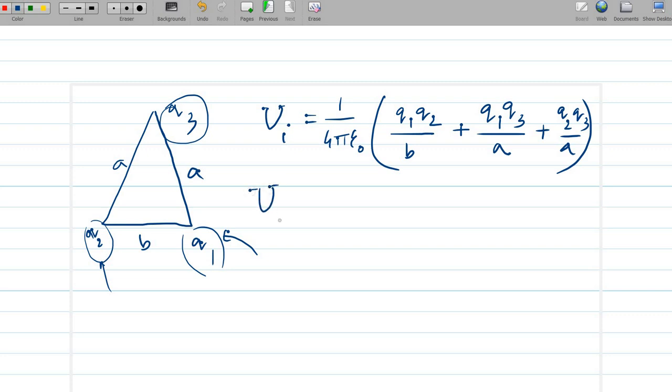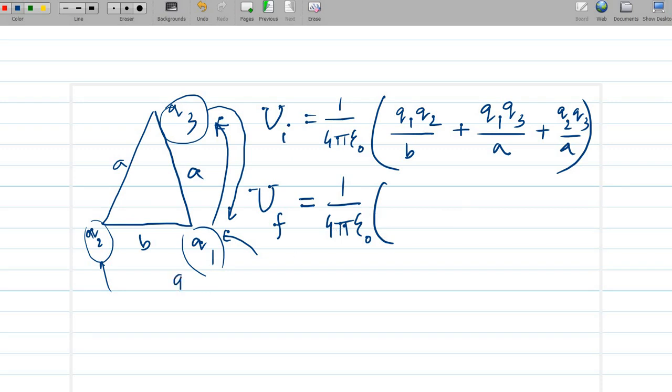But in the final configuration, Q3 is at the top vertex and Q1 is at the bottom vertex. So I have my 4 pi epsilon naught. Now the roles have reversed. This is Q3 after the exchange, this is Q1 after the exchange, and Q2 sits where it sat before the exchange.